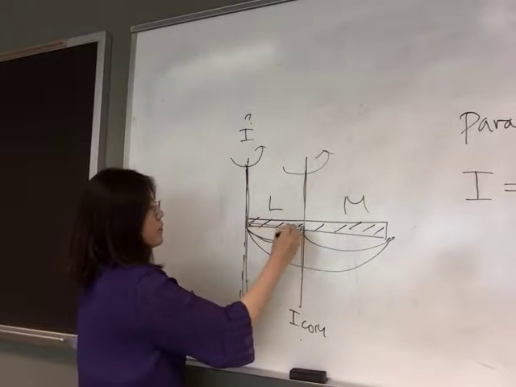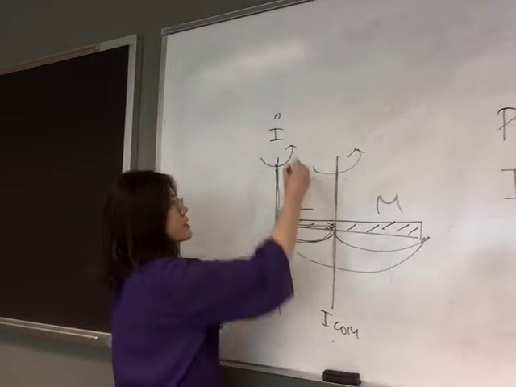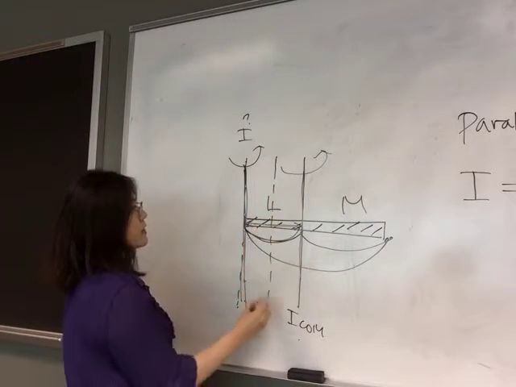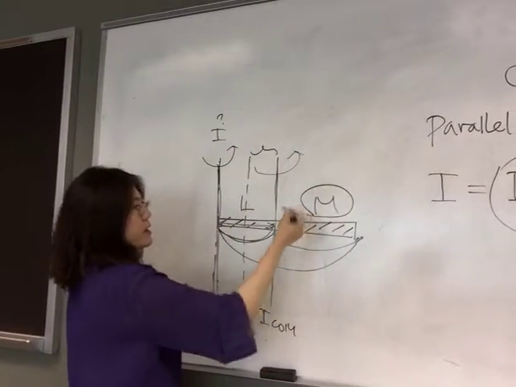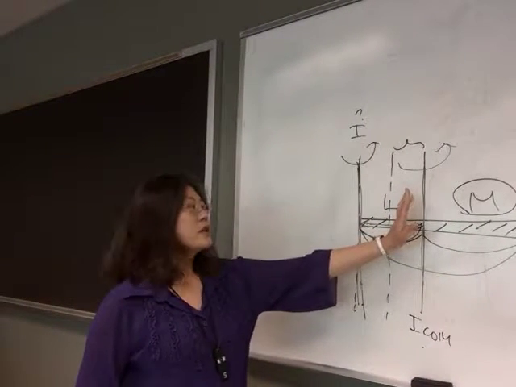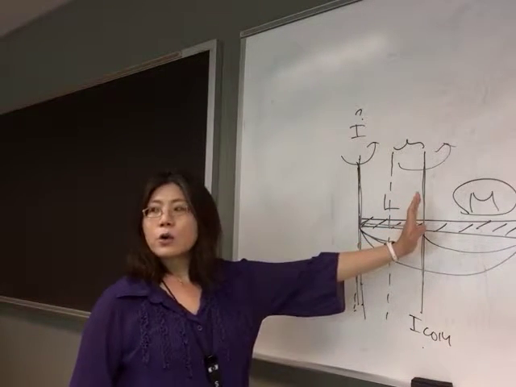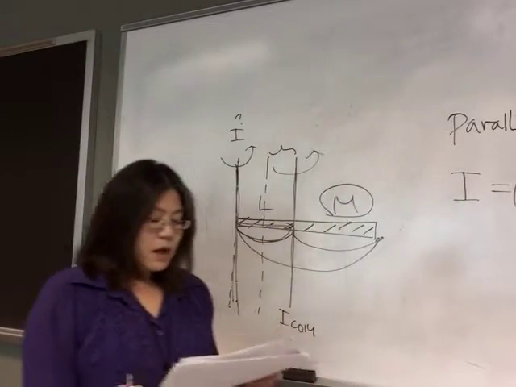That's what we call the vertical separation. That will be your L here. Or you can have a new axis, let's say right here. In that case, this is the distance, and you still have your M here. So you can see that the closer to the central mass, the easier it will be for you to rotate the object.